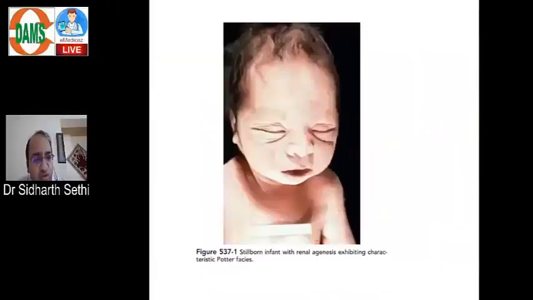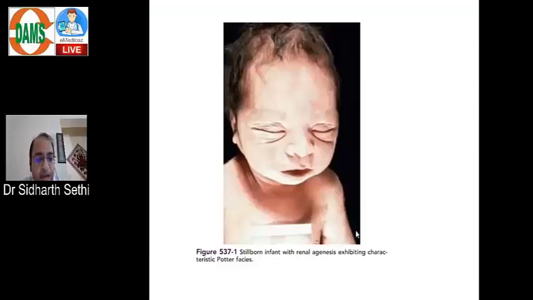So any cause of bilateral non-functional kidneys. If both kidneys are not functioning from in utero, these children have a very flat face, as you can see here. Because there was no space in the mother's amniotic cavity, he has a very flat face, a bird-like face with a small chin. So this is the classic Potter's facies.